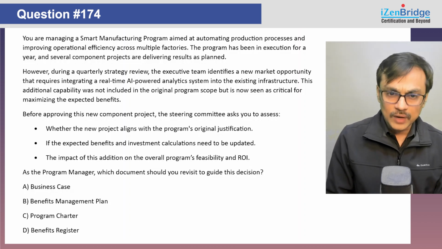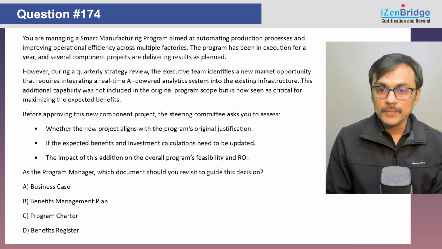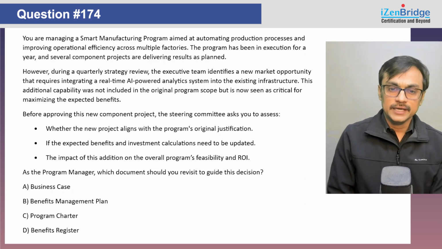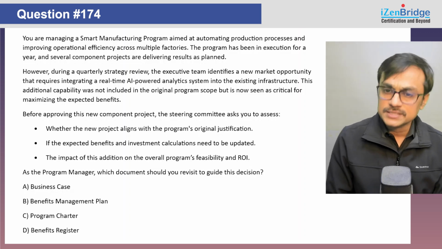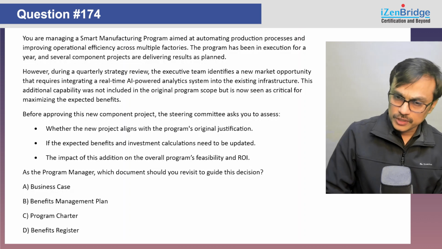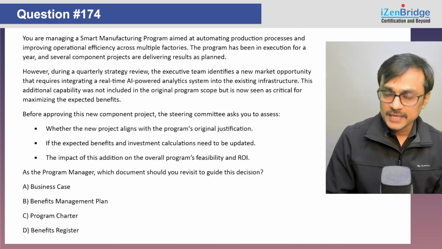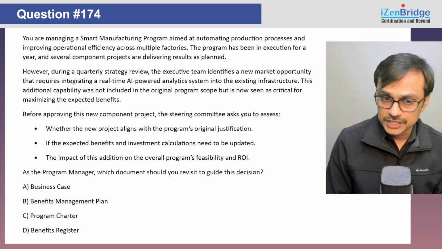However, during a quarterly strategic review, the execution team identifies a new market opportunity that requires integrating a real-time AI-powered analytical system into the existing infrastructure. This additional capability was not included in the original program scope, but is now seen as critical for maximizing the expected benefit. So we are talking about a change, we are talking about initiating something.